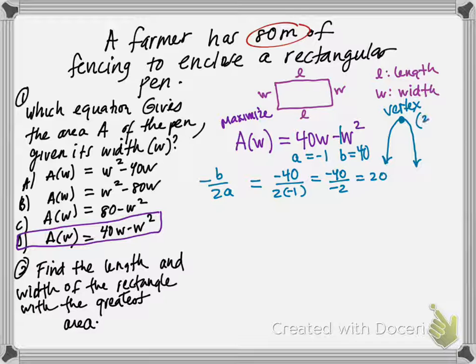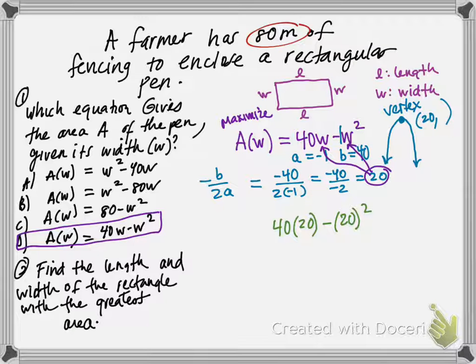So far, the first coordinate of my vertex is 20, but I need to find my y-coordinate because that would be my max. To get the y-coordinate, you take the 20 and plug it in for each W in the first term and then the second term. So I would have 40 times 20 minus 20 squared.